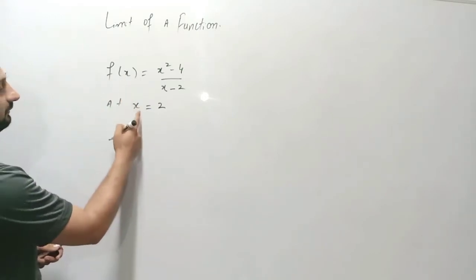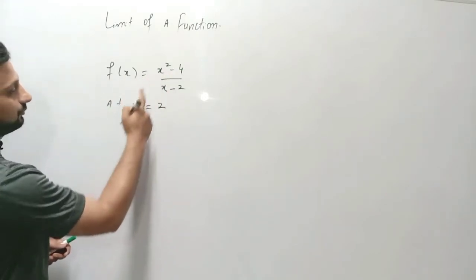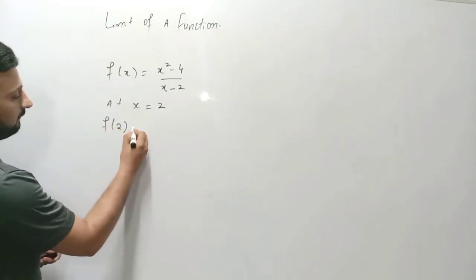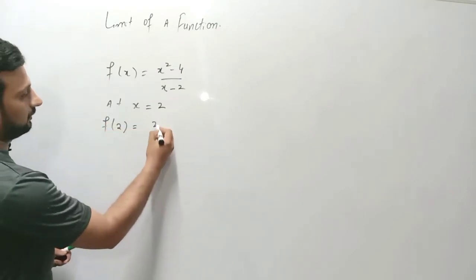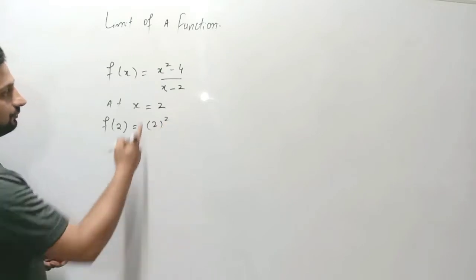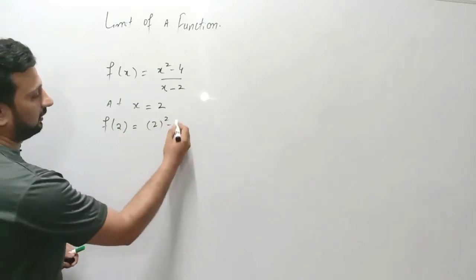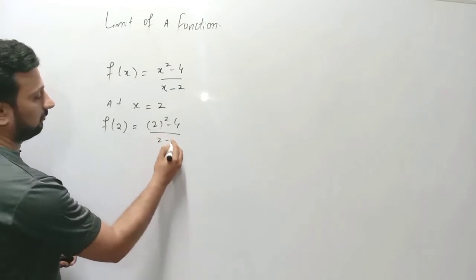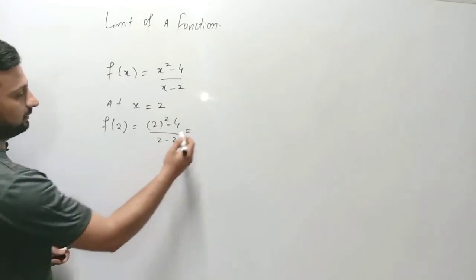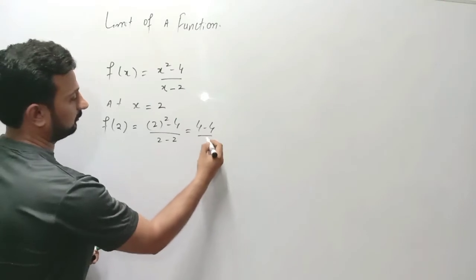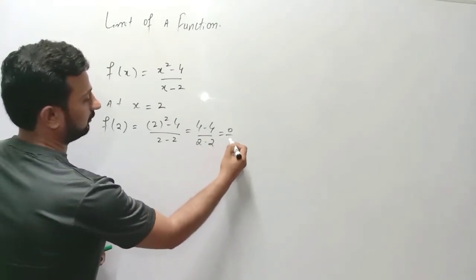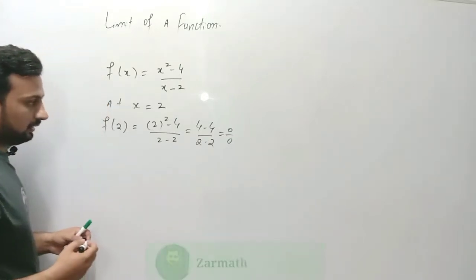So what will happen when we substitute x equals 2 in that function? f of 2 equals 2 square minus 4 over 2 minus 2, which results in 4 minus 4 over 2 minus 2, and that is 0 over 0.